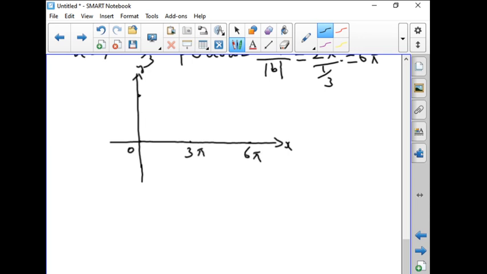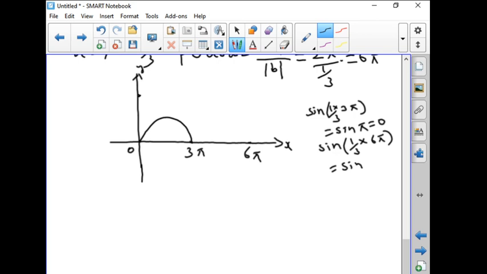Therefore, 3 pi is 0 because what do you get? When you substitute 3 pi, 1 by 3 into 3 pi is sin pi. Okay, so sin pi is nothing but 0. Similarly, 6 pi: when you substitute, 1 by 3 into 6 pi is sin 2 pi, which is equal to 0.